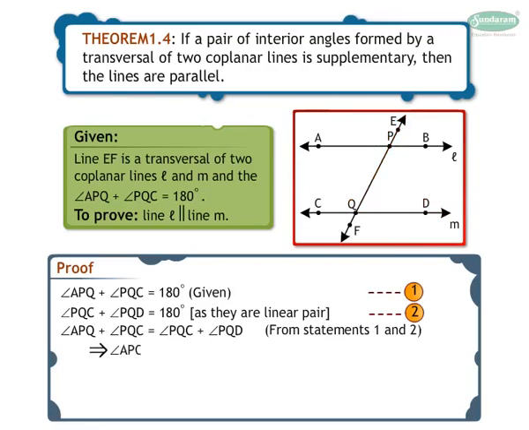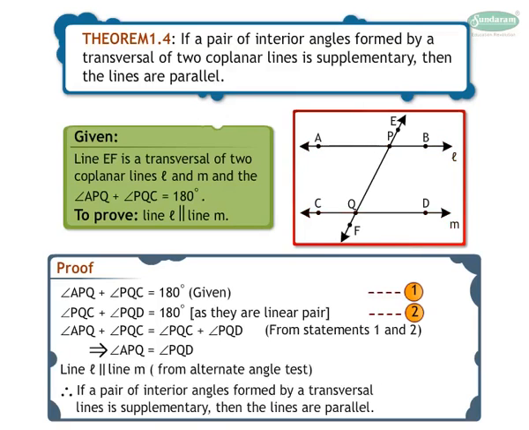This implies angle APQ is equal to angle PQD. As it is satisfying the alternate angle test, line L is parallel to line M. Therefore, if a pair of interior angles formed by a transversal of two coplanar lines is supplementary, then the lines are parallel.